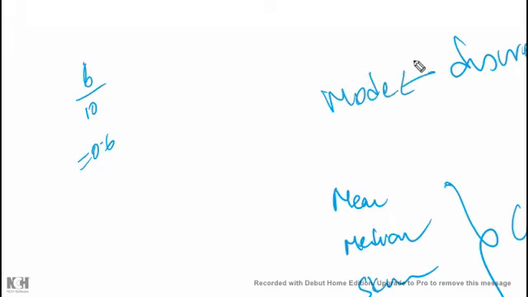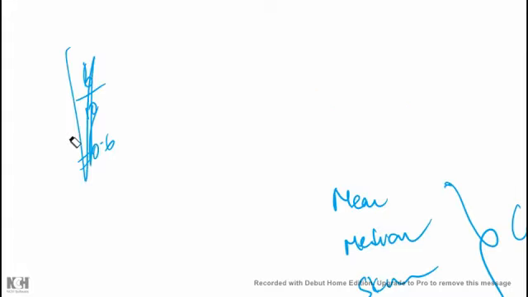We can't apply the variance concept, range concept, standard deviation concept, or any other concepts. We can't apply the Z-score, and from that Z-score, we can't calculate the probability.